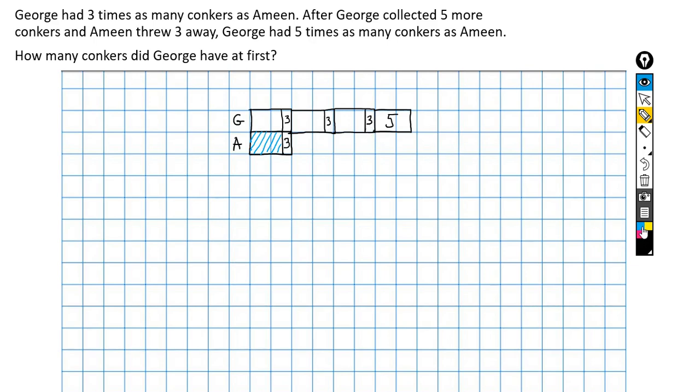Perhaps if I shade this in, it will make it even clearer. There are 3 blocks here that I know are of the same value as this block. They're equal to this block. So these 1, 2, 3, 4 are all equal.